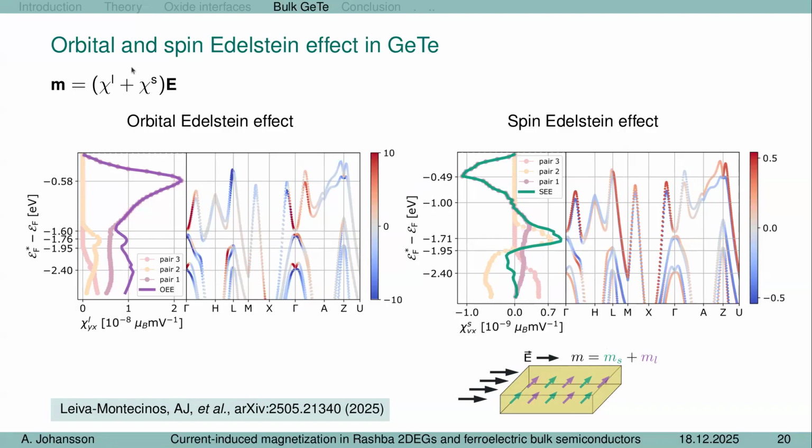Yes. So thanks, Annika, for this nice talk. I'm a pure experimentalist. So now we have these orbital angular momentum currents. What is your opinion about these orbital angular momentum currents interacting with the magnetization that comes from orbital angular momentum? Because in most of the materials, the magnetization comes from spin angular momentum.